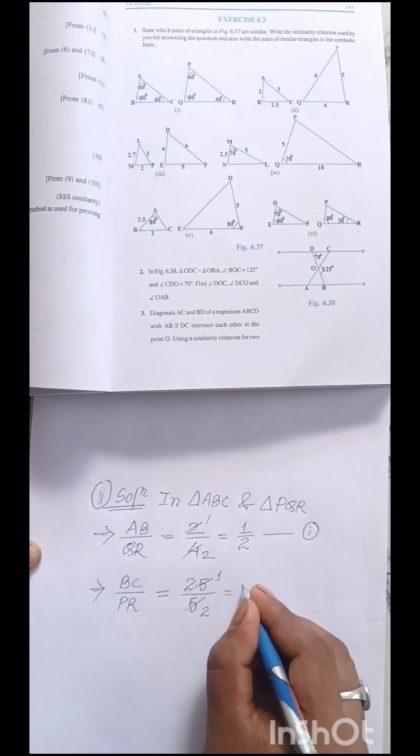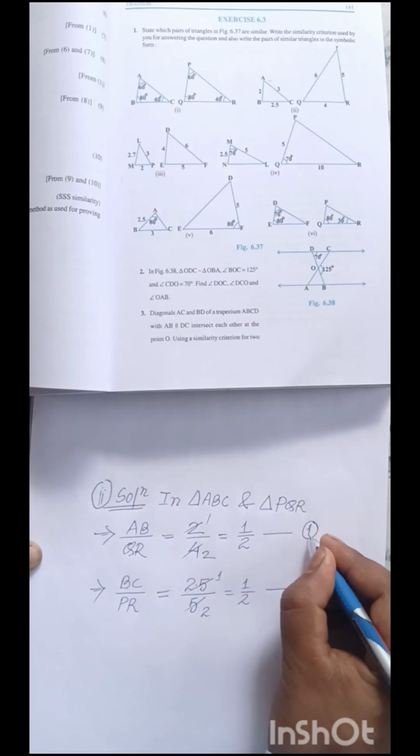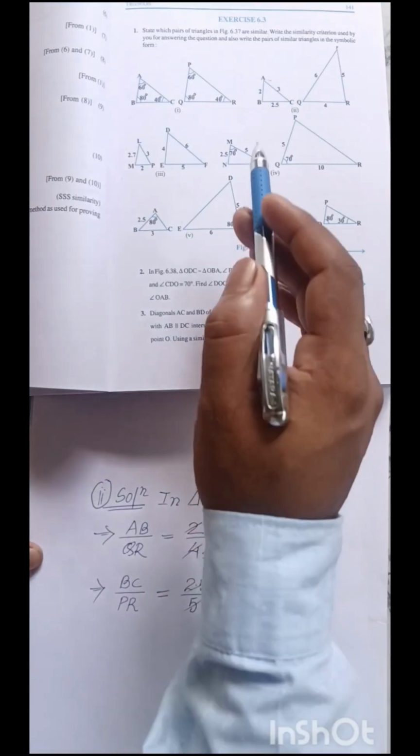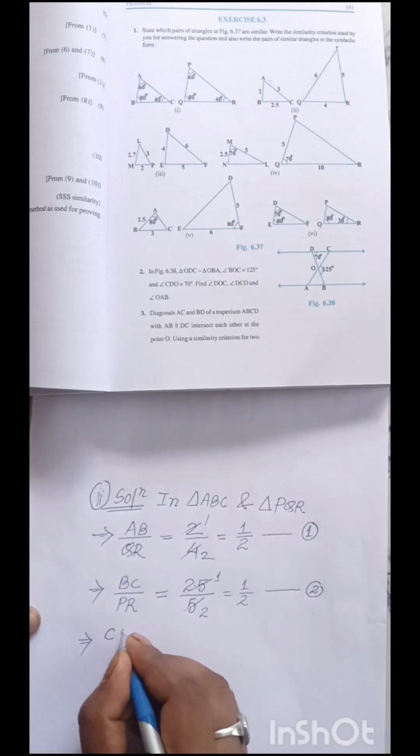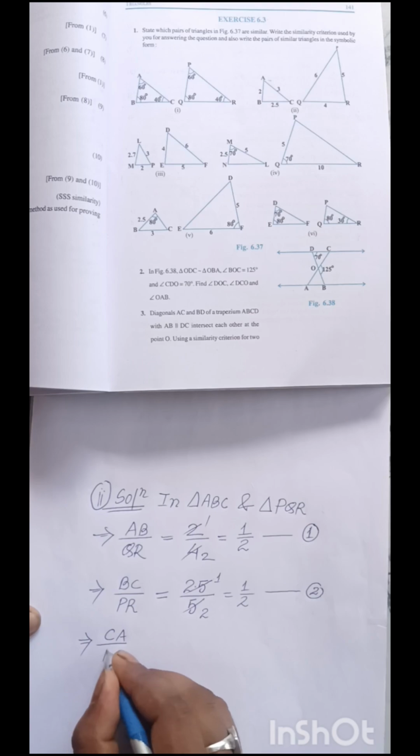So I can write here 1 by 2. Call this equation number 2. Now only one side is left from these two triangles, so the remaining sides I will compare, meaning CA by PQ.